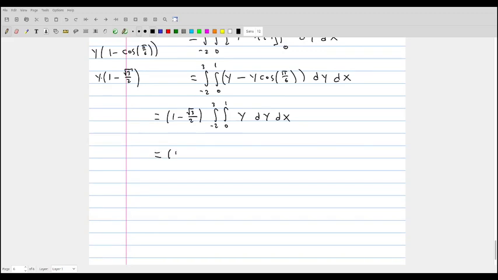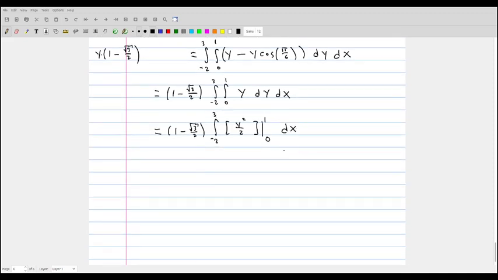This is equal to 1 minus the square root of 3 over 2 times the integral from -2 to 3 of the integral of y from 0 to 1 with respect to y. This is the middle integral now. This is going to be equal to y squared over 2, because that's the antiderivative of the function y, from 1 to 0, which just becomes 1/2 minus 0, or 1/2.